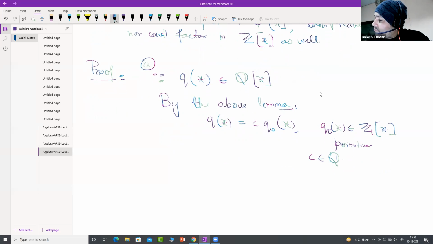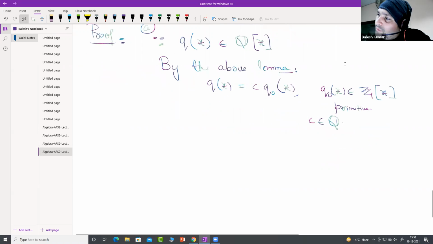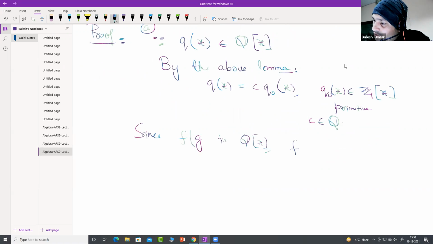Now can you use Gauss lemma to say something? In order to use Gauss lemma, one needs at least two primitive polynomials, so that one can apply Gauss lemma to say that their product is primitive. We are given that f divides g in Q[x], and f is given to be primitive by the very hypothesis.